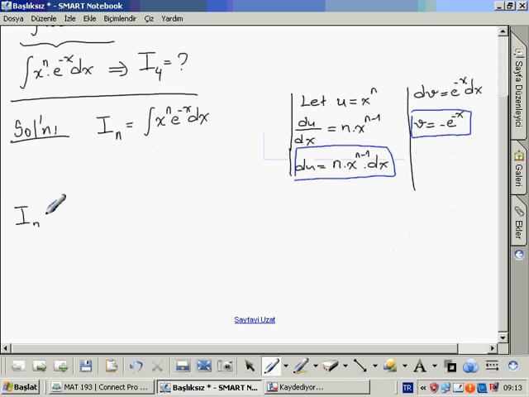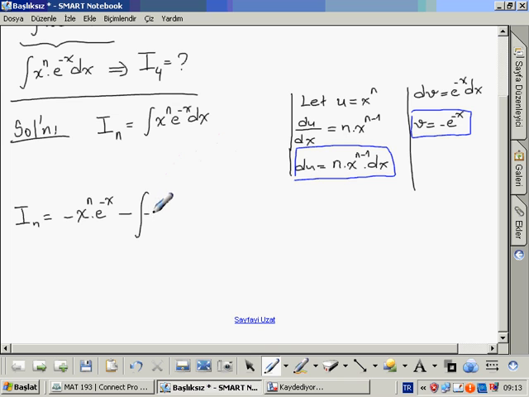I sub n equals u times v, that means minus x to the power of n times e to the minus x, and minus the integral of v du.